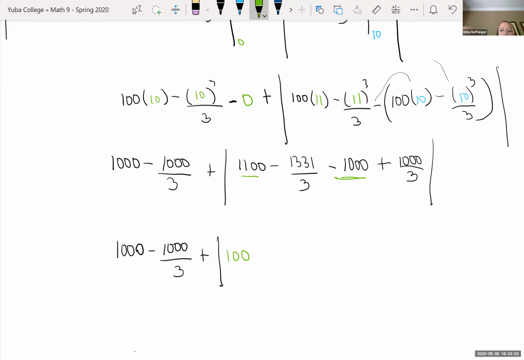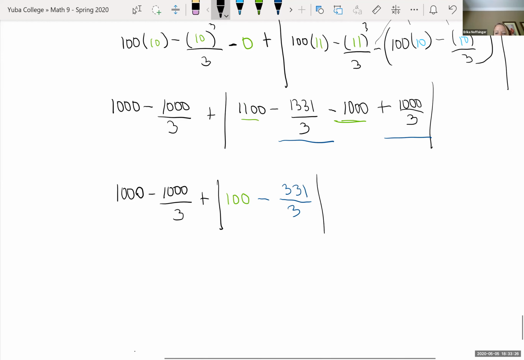And then let's combine our negative 1,331 with our 1,000, and that's all over 3. That's going to give me a negative, and that will give me 331 all over 3. Okay, so I notice I need a common denominator.